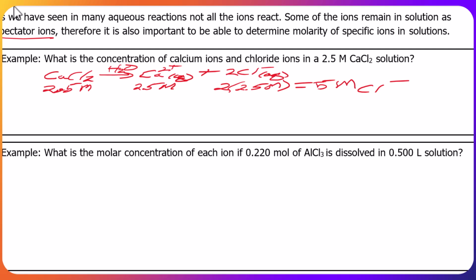So I have 5 molar of chloride ions because I have 2 chloride ions for every 1 calcium ion, and I have 2.5 molar for the calcium 2+ ions.